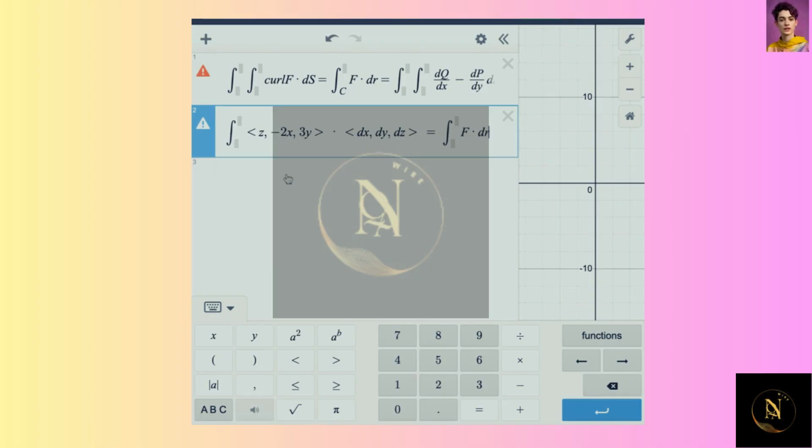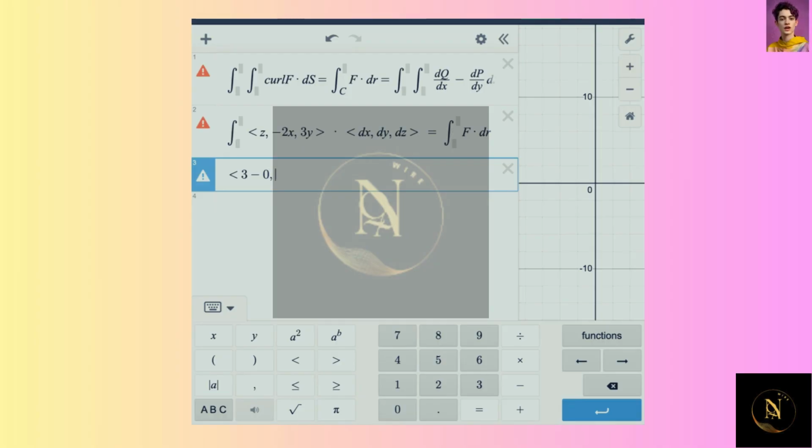With that in mind, we see that the curl of F, since we know that this is F right here, when we calculate it, we'll have the partial derivative of r with respect to y. So that'll be 3 minus the partial derivative of q with respect to z, which will be 0.